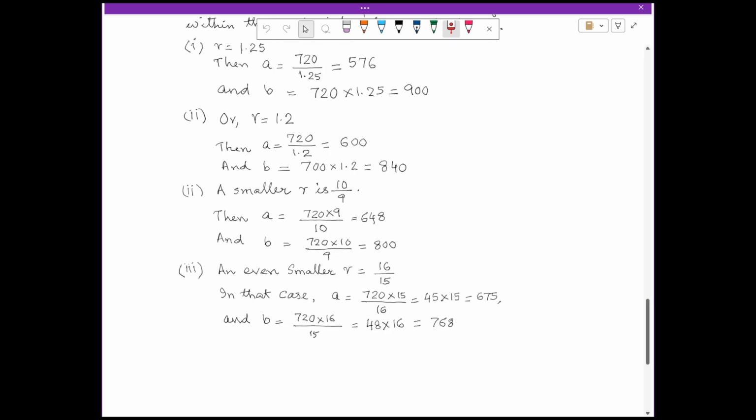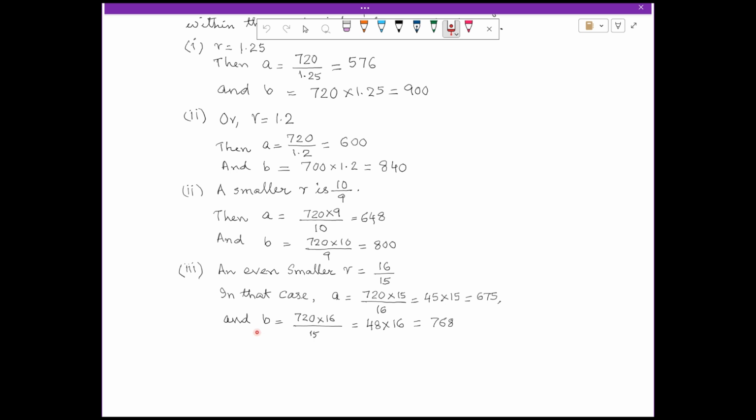But the best value or the least value of r is 16 by 15. In that case, a becomes 720 multiplied by 15 divided by 16, and that is equal to 45 into 15, and that is 675.